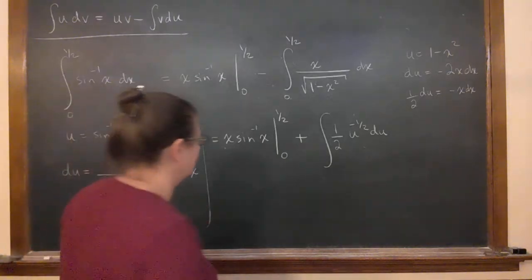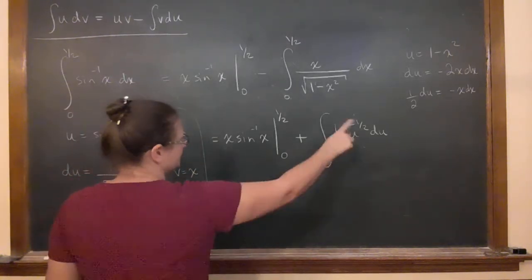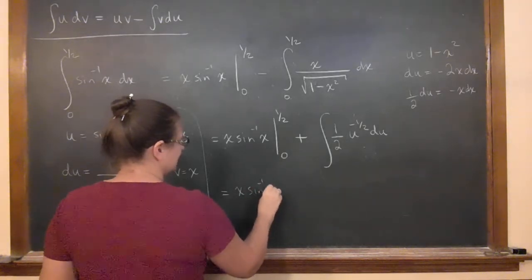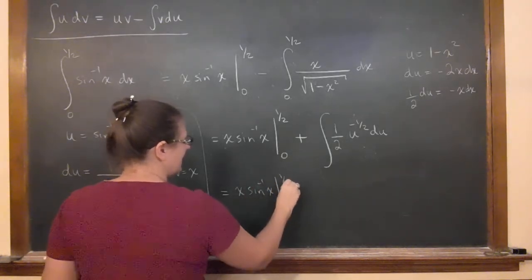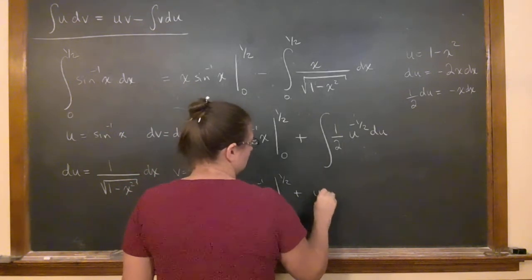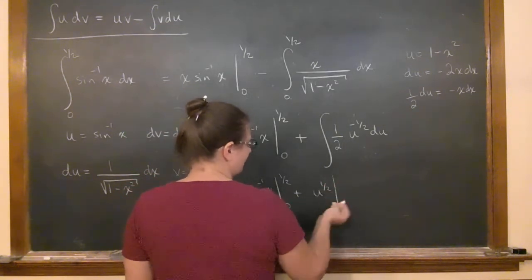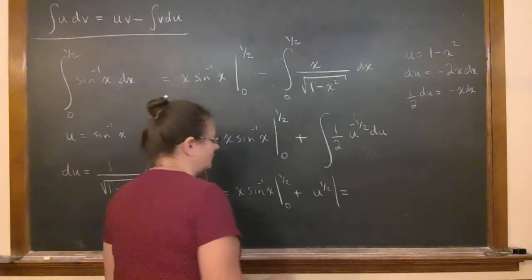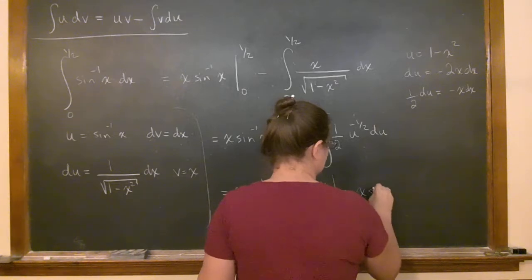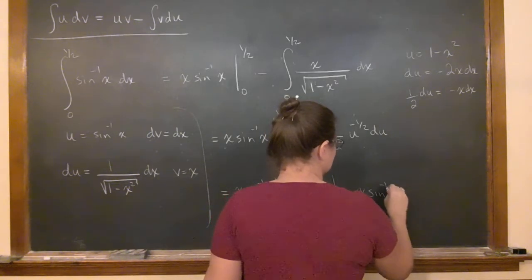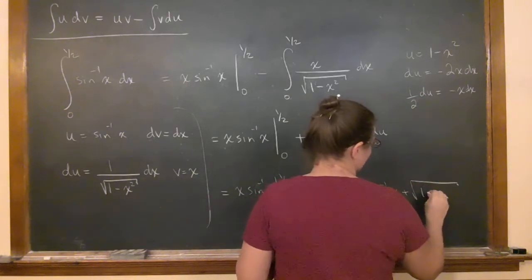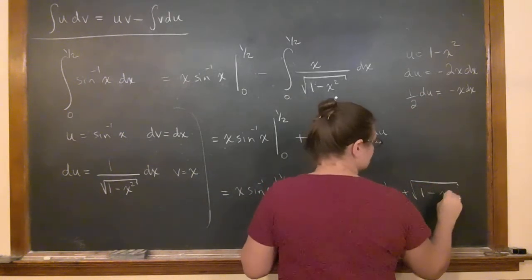Because the 1/2 cancel. Well, the 1/2 comes from the other one. So x inverse sine of x, this guy, plus u to the 1/2, evaluated whatever, but I'm just going to write the whole thing now. It's going to be x inverse sine x plus u to the 1/2. I'm just going to write it as the square root like this.